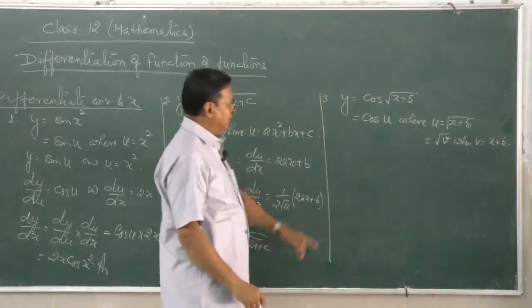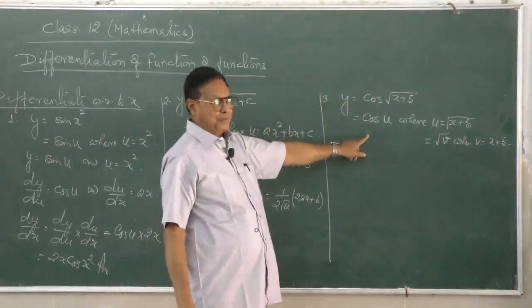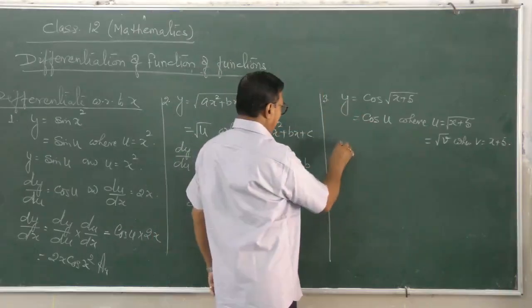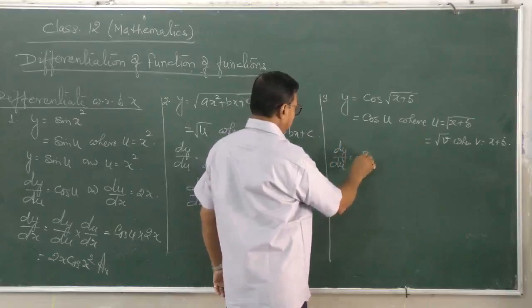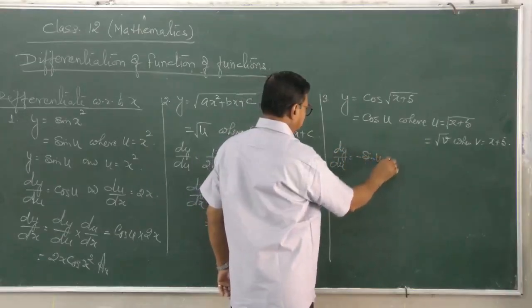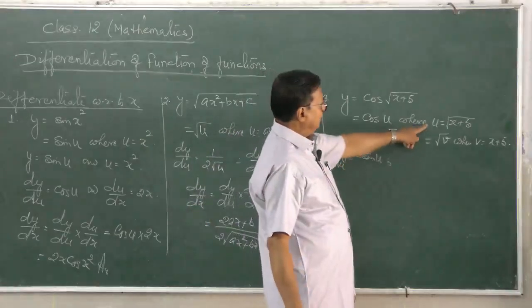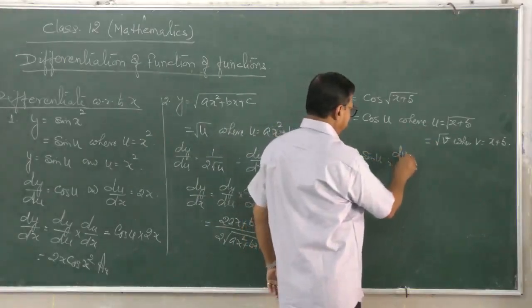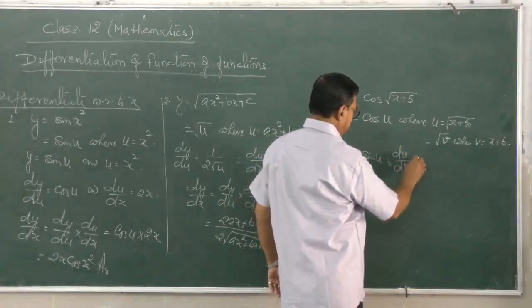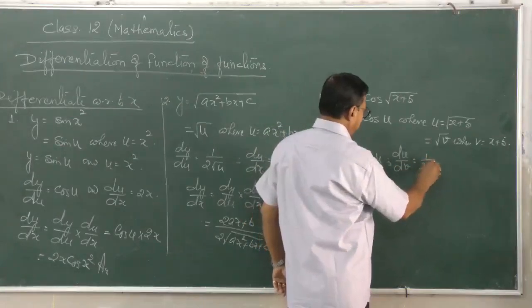So now look at this. y is a function of u. So dy by du is minus sine u. u is a function of v, so du by dv is 1 by 2 root v.